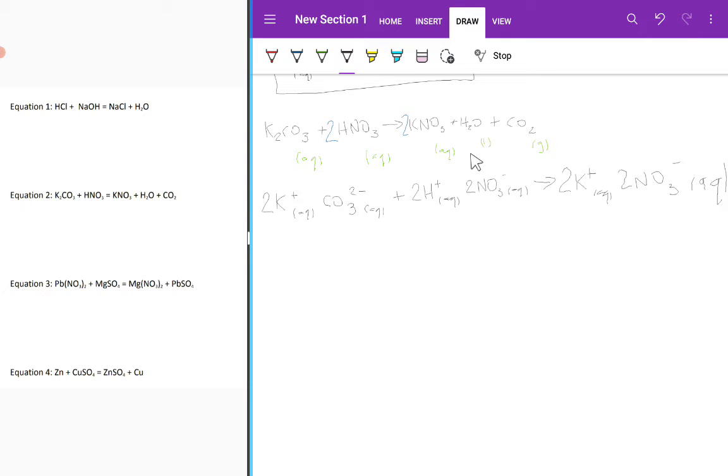We do not change the formulas for the ions, so please don't do anything to the nitrate ion. Plus we have our water, which is liquid, and our carbon dioxide, which is a gas.